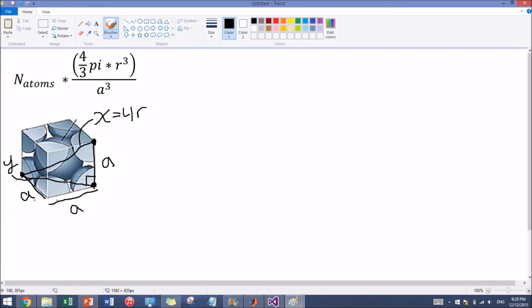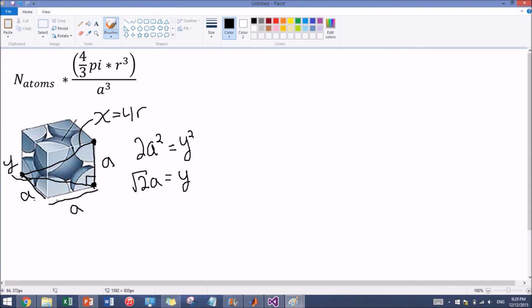So let's find a relationship, really simple, using the Pythagorean theorem for y. We did this last time. I'm going to skip a few steps. The two a squareds added together give 2a squared equals y squared. If we take the square root, we have the square root of 2 times a equals y.